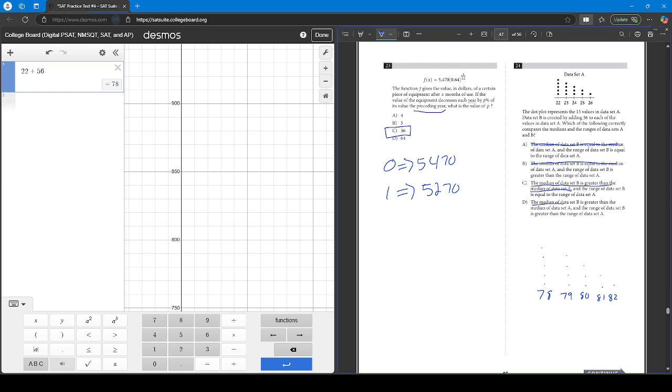The median is greater than A. Yes, okay. And the range of data set B is equal to the range of A. Yeah, because it goes up 1, 2, 3, 4. Goes up 1, 2, 3, 4. The range is equal. C. Correct answer.